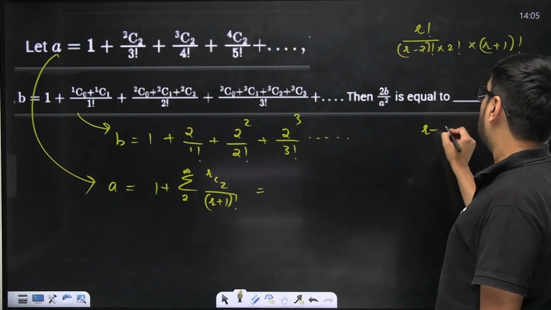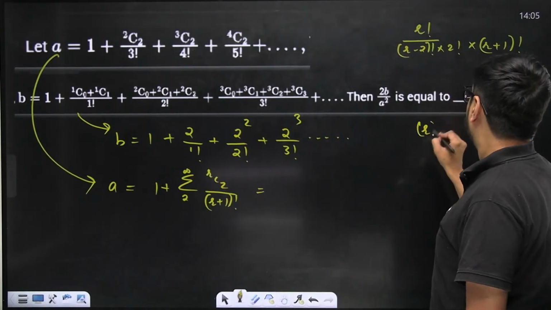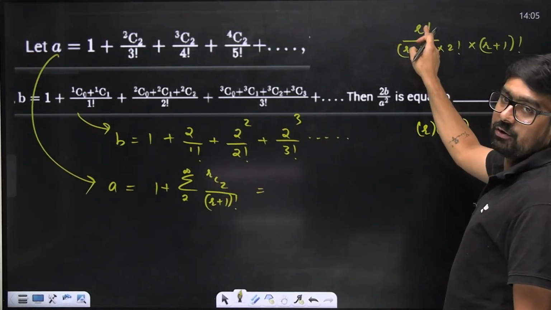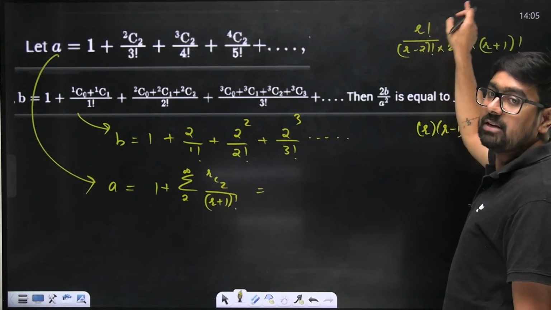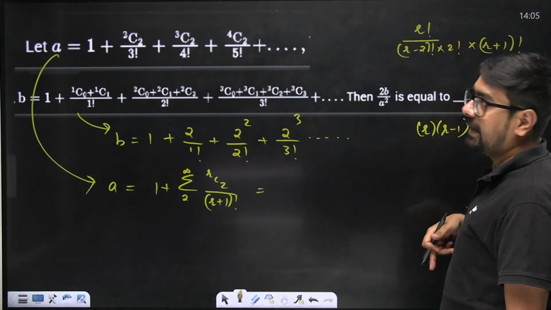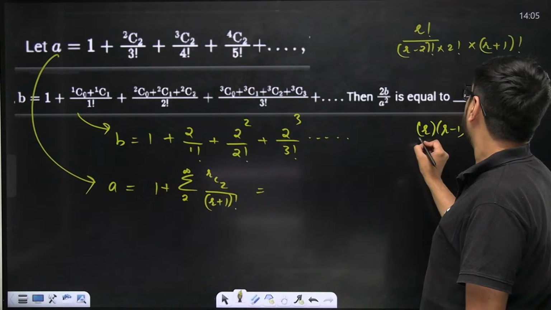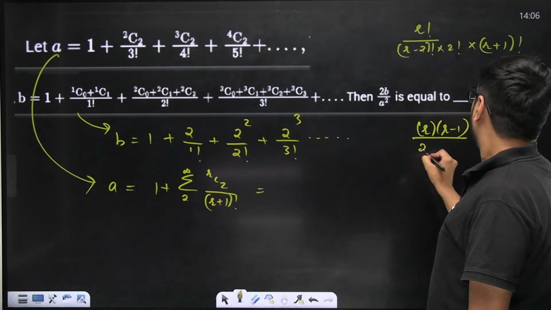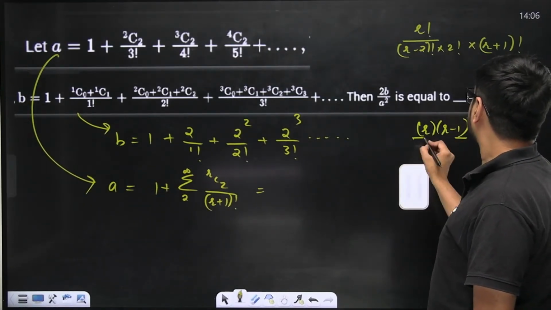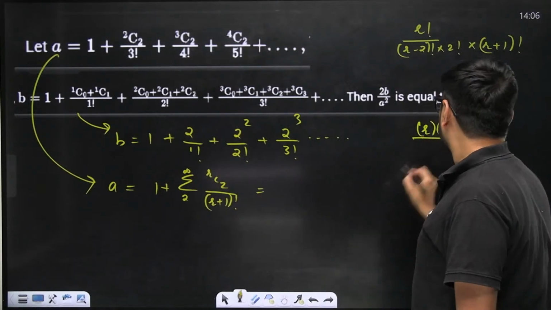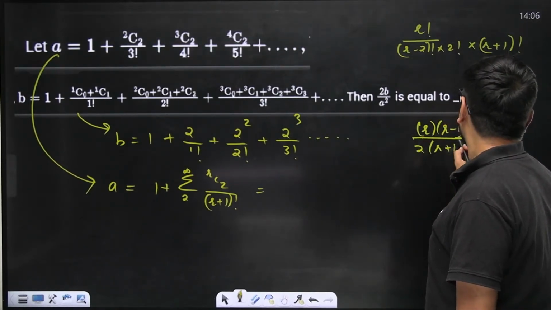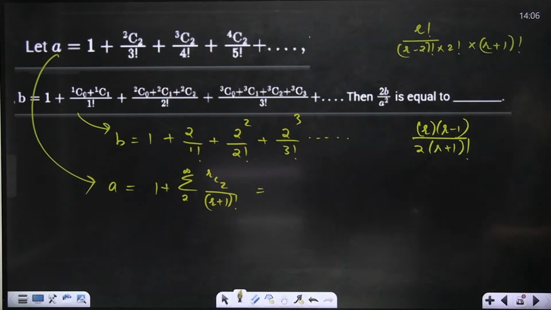So R factorial will become R into R minus 1 into R minus 2 factorial. So R minus 2 factorial will get cancelled. R into R minus 1 will remain, divided by 2 factorial, which is 2 only, times R plus 1 factorial. Right, this is how we can simplify it. R into R minus 1 divided by 2 into R plus 1 factorial.